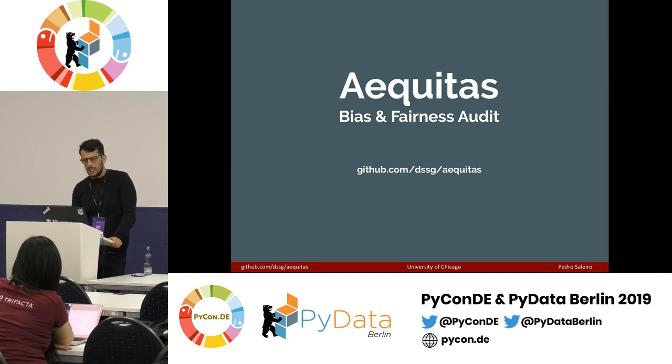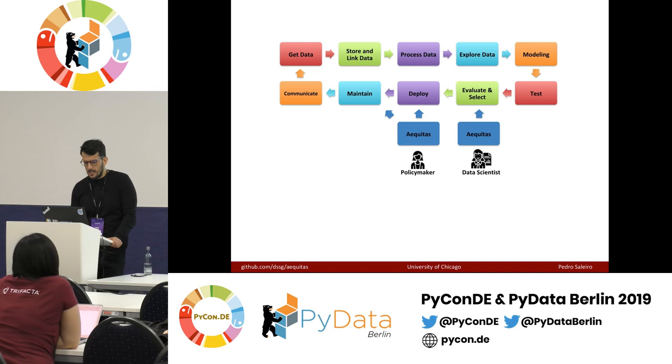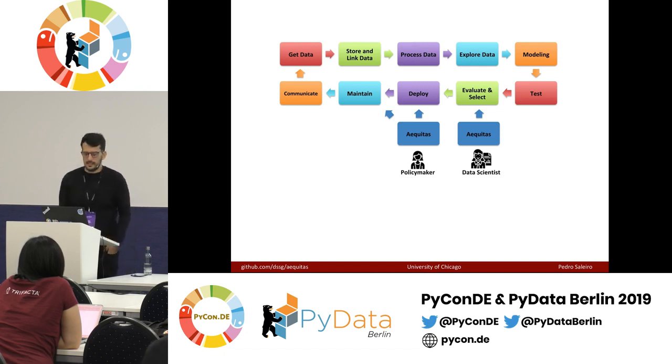We are also targeting non-technical people, like public policy people, like management, as well, not just machine learning people or data science people. The way we envision Aequitas is to be used when you are evaluating selected models, if you are a data scientist, and if you're a policymaker or a product manager or a client that is getting a model that was outsourced to a consulting company, you should audit the model before you accept it to deploy.